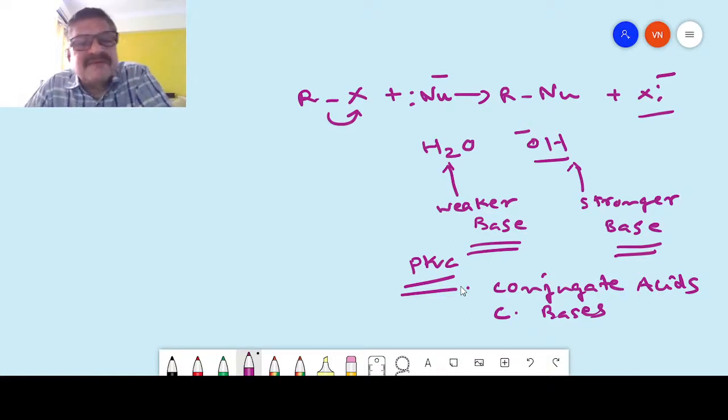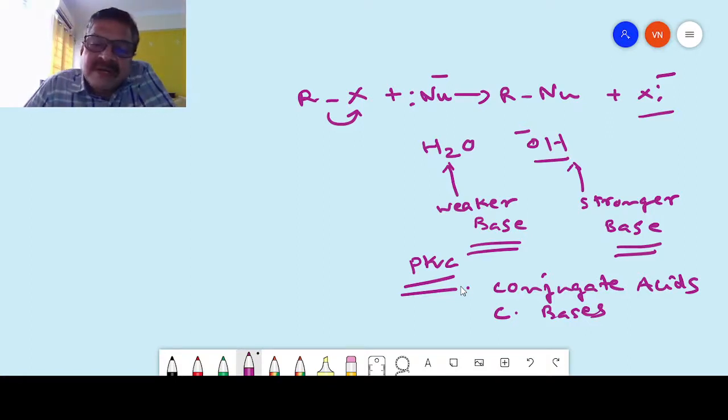Basicity is compared using the pKa values of the conjugate acids. So water is a weaker base and OH minus is a stronger base. A weaker base will have a strong conjugate acid, and a stronger base will have a weak conjugate acid. We determine it all using the pKa values.